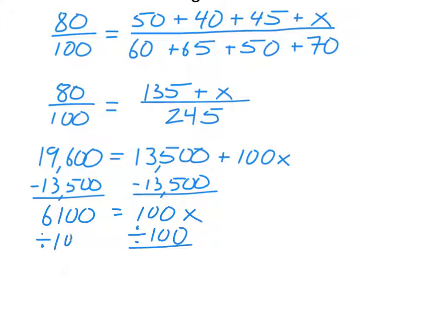Remember when we multiplied by 100, that meant you just added 2 zeros onto the end? Dividing by 100 means you cancel out those last 2 zeros on the end, assuming it ends with 2 zeros. And so then the whole thing is just going to equal 61. So this person needs to get 61 out of 70 on that last one.